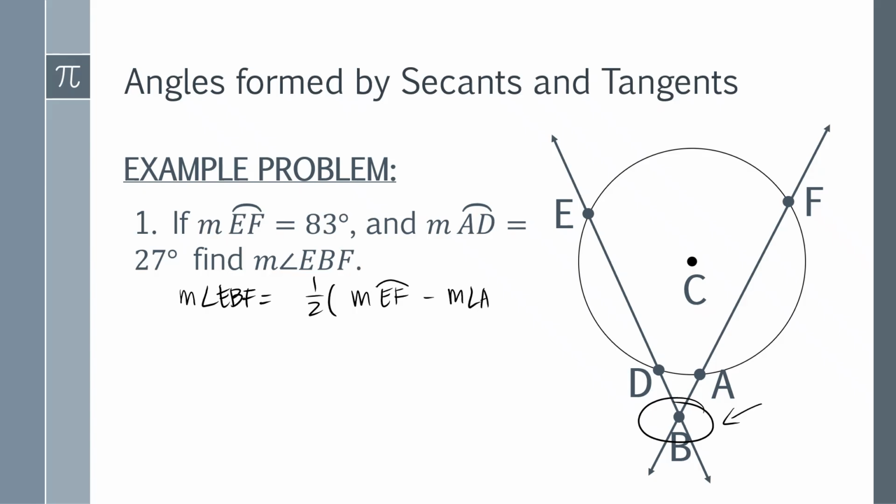Oops, not angle, but arc AD. So therefore, 1 half times the measure of EF, which is 83, minus the measure of arc AD, which is 27.